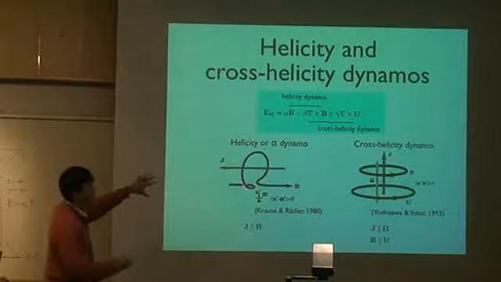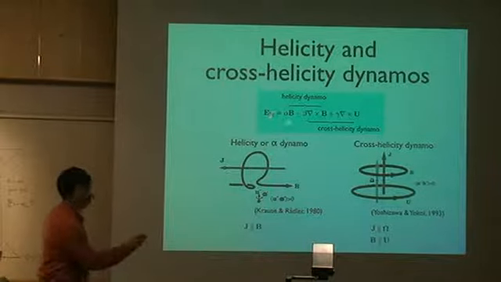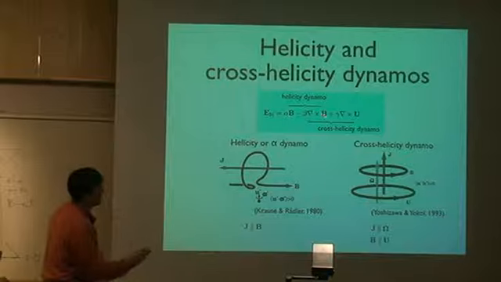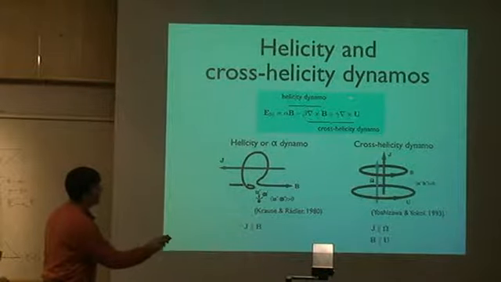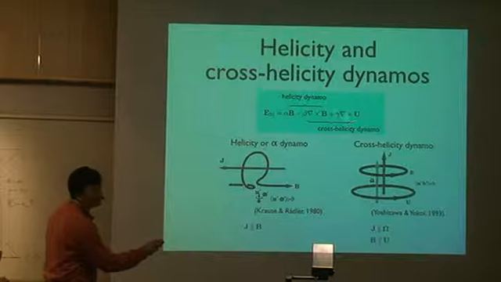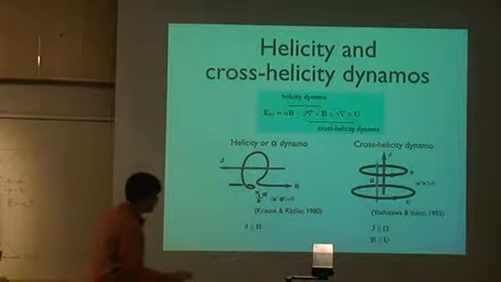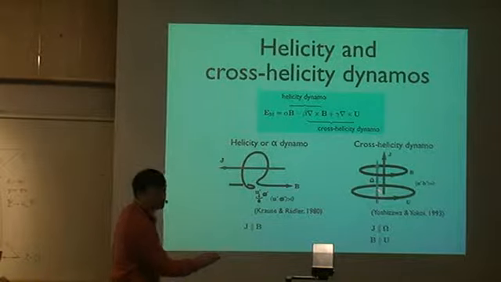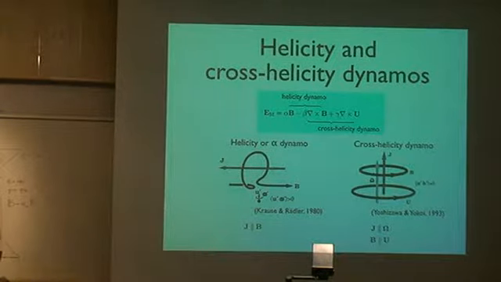This is a typical situation of the helicity dynamo, the alpha dynamo. Another limiting case is if we neglect the alpha effect, then the main balance is between this one and this one. In such a case, the large-scale electric current and vorticity align, so we may have alignment of the large-scale B and U.